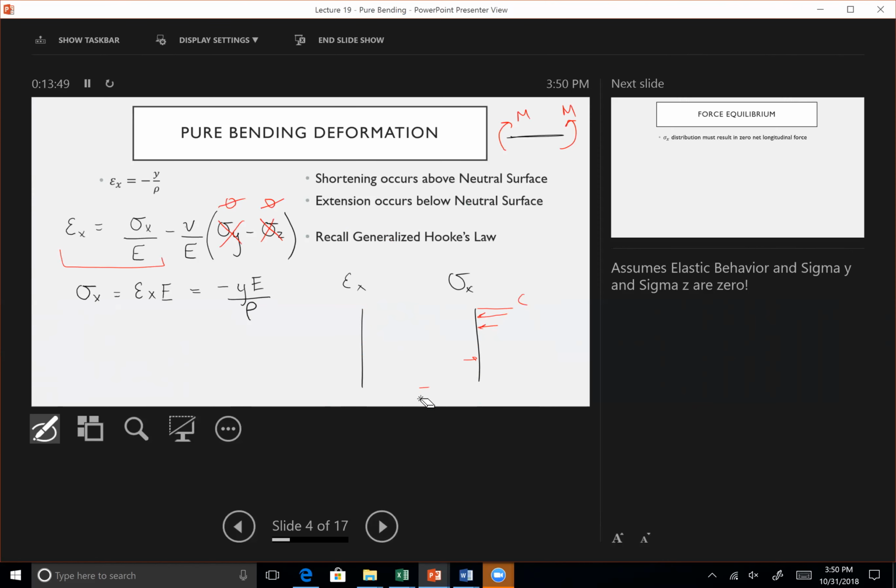You typically put your compression the other way, right? There we go. Well, either way, one side is compression, the other side is tension. And actually, that only makes sense for stress. But for the strain, we have contraction and then elongation on the bottom. And it's going to be a linear variation. And right here, where it passes through zero, that's going to be your neutral surface.